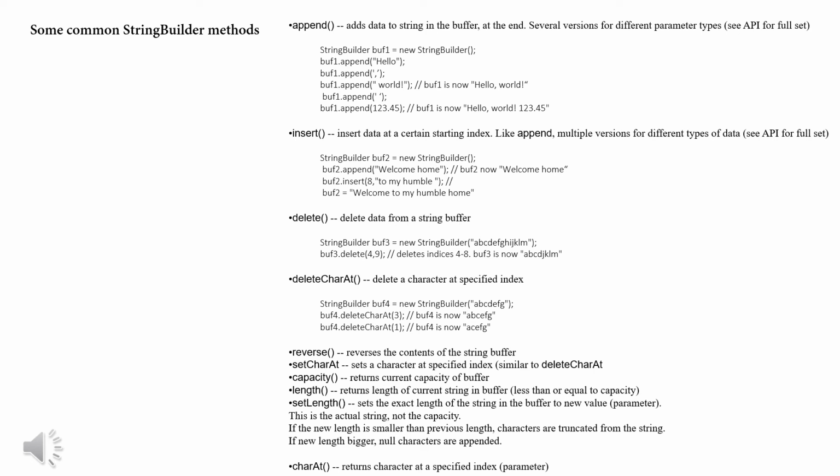So what we need to write is buffer3.delete(4, 9). So now the result will be A, B, C, D; E to I would be deleted, right? Because the index of E is 4 and the index of I is 9. So they will be deleted and the final result is A, B, C, D, J, K, L, M.